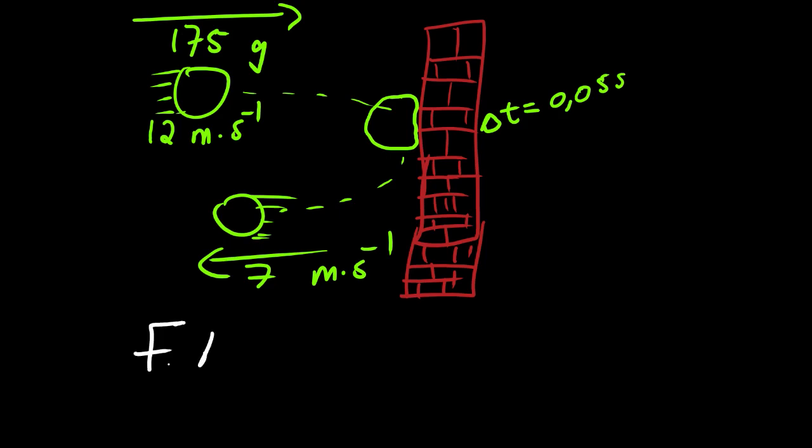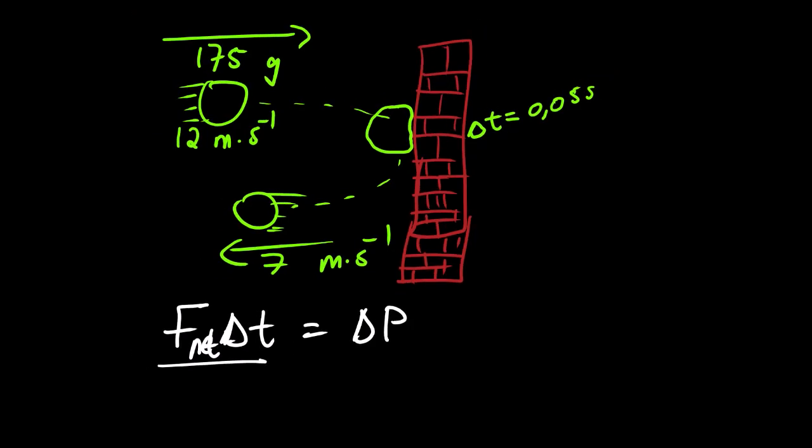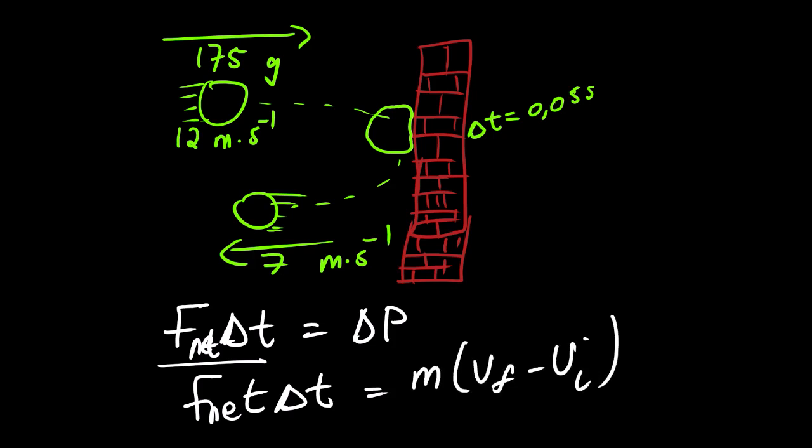Now we are going to use F net change in time, which is the change in momentum. Like I said, this is the impulse, so we can just calculate the change in momentum as usual. We have m times Vf minus Vi.